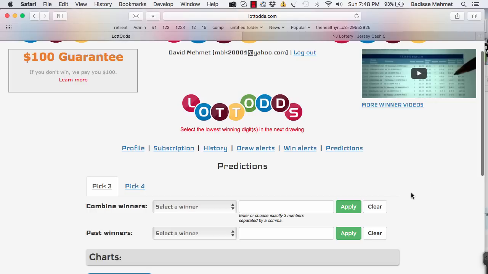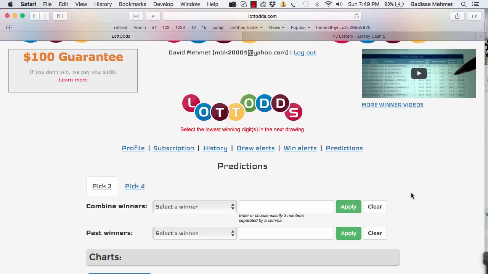Okay, as I said yesterday, we were able to create an algorithm that predicted multiple odd even patterns in the Cash 5 winners by looking at past winning patterns.